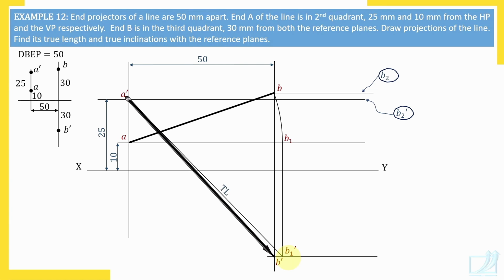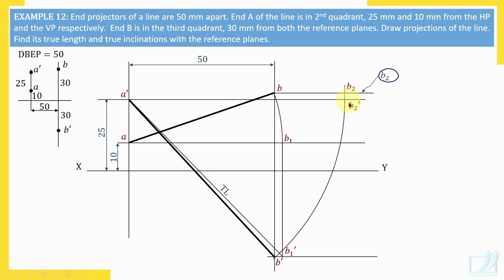Next, rotate A dash B dash. The length A dash B dash is EL. Which other view has length EL? A dash B2 dash. So make that horizontal, A dash B2 dash. So here it is B2 dash. Remove that rough label. So A dash B2 dash is a parallel front view, and through B2 dash now draw a vertical line, and you will get B2 here, because this is the line for B2.